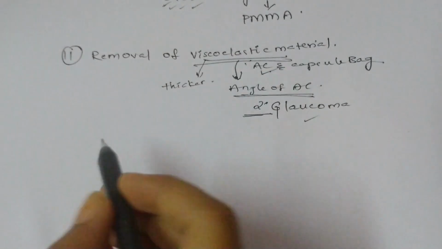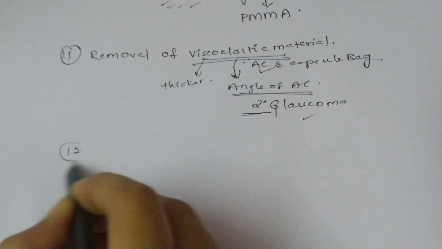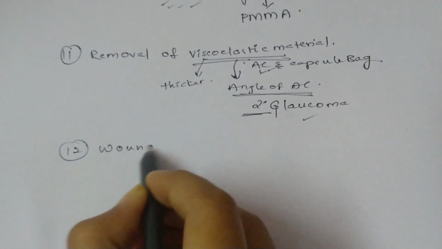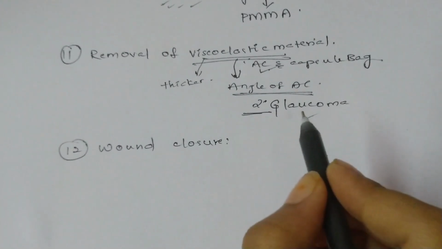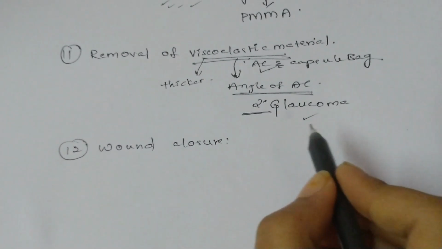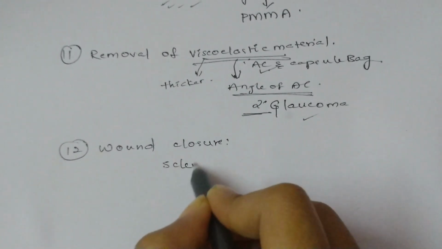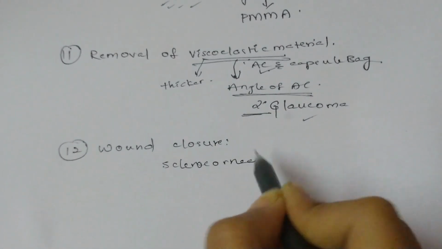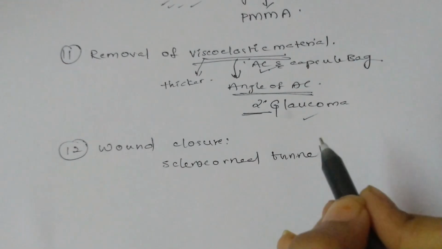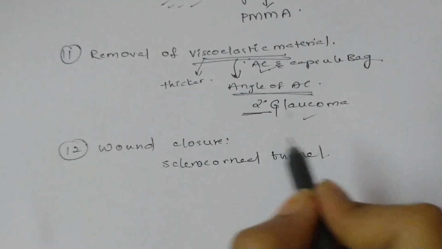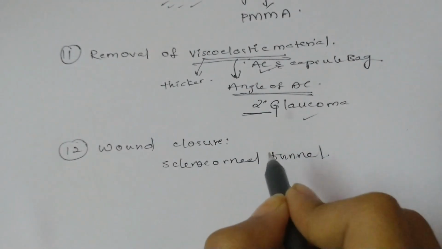And last but not least, wound closure. We have already discussed that this sclerocorneal tunnel we have made earlier is self-sealing, which means no suture is required to close this tunnel.